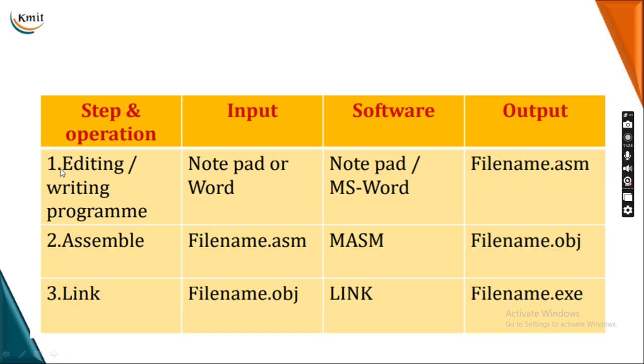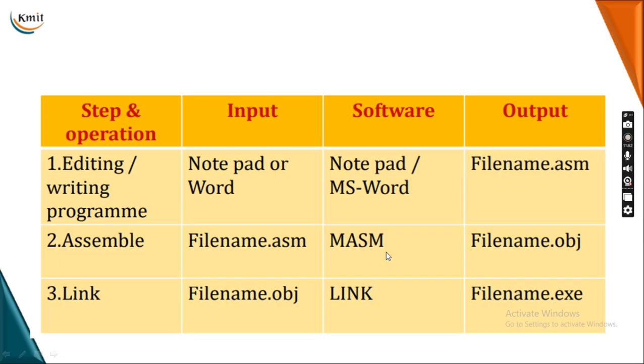The first step is to write a program in an editor. The editor can be Notepad, Word, or any other editor, and you need to save that program as filename.asm, with the extension .asm. Then assemble it with the help of an assembler. You can use MASM, TASM, or ASM86, as we have discussed.